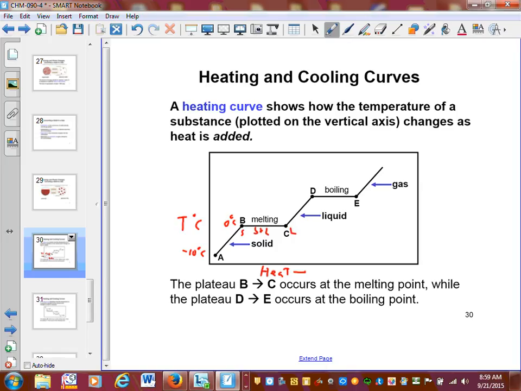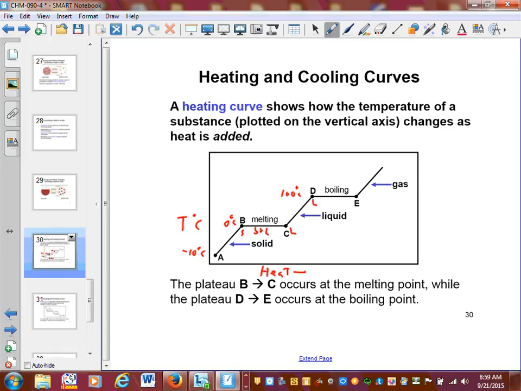Now we can start heating that water. So we heat the water and we get up to 100 degrees C. At 100 degrees C, we still have liquid water at 100 degrees C. It starts to boil.